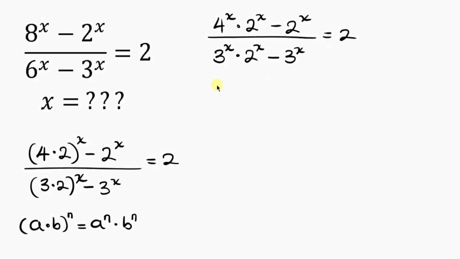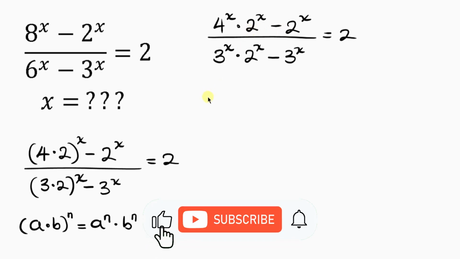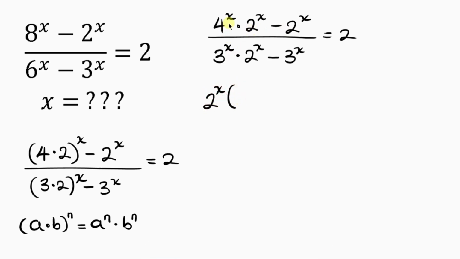Now our next step is to factorize. You notice that 2^x is common in the numerator, so let's factor out 2^x. 4^x times 2^x divided by 2^x, we have 4^x remaining, so this is 4^x minus 2^x divided by 2^x, I'm going to be having 1, all over.